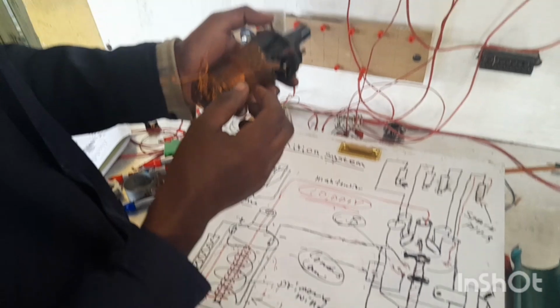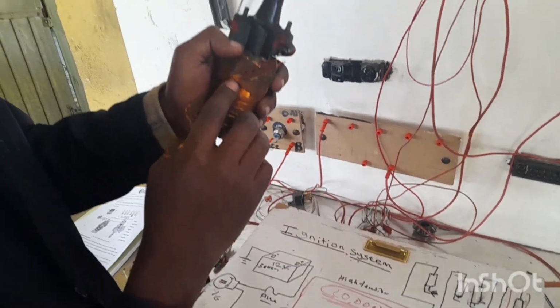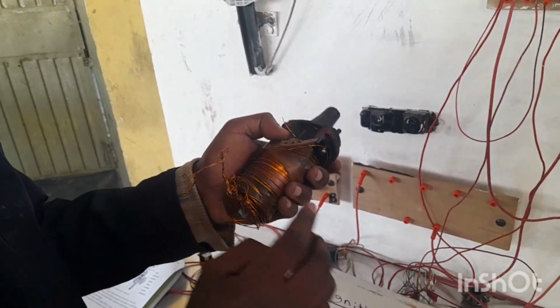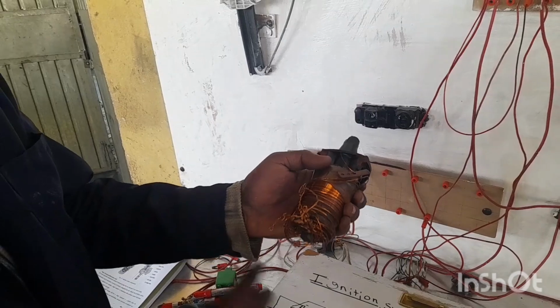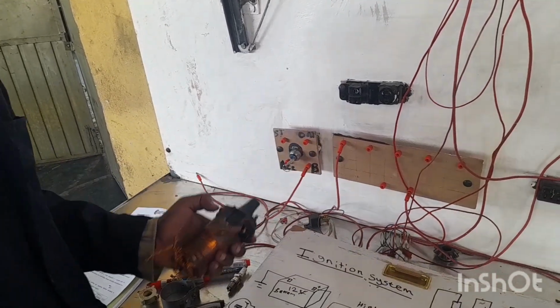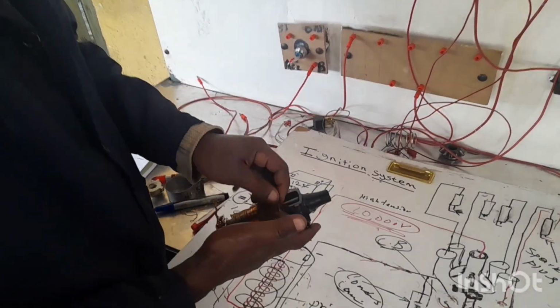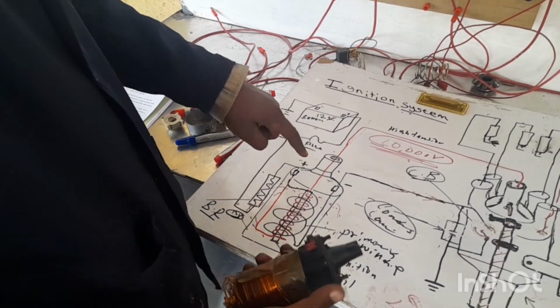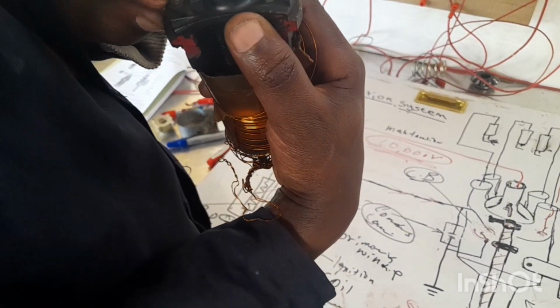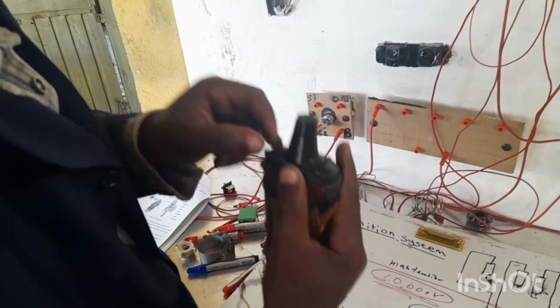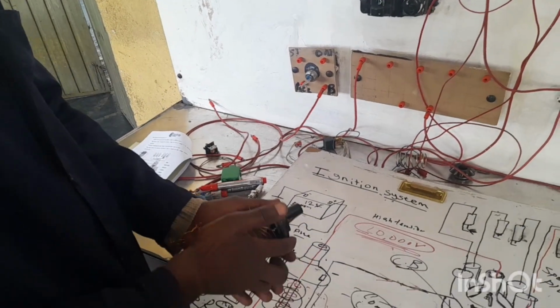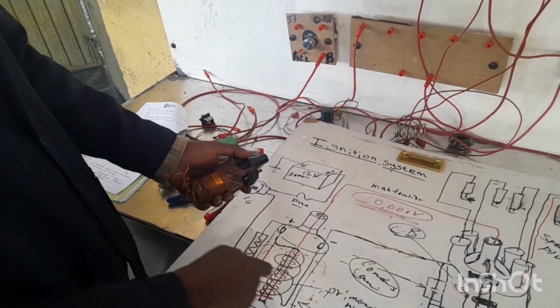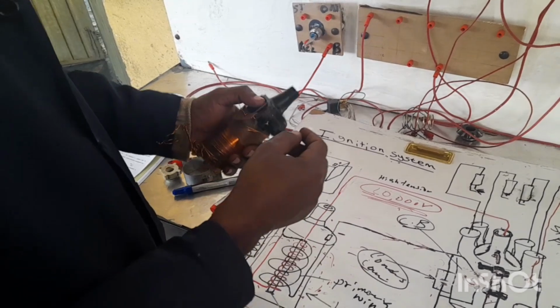As you can see, here is a thick wire, and it's wound like this. The primary or first terminal is connected to the positive terminal, as you can see here. The second terminal is connected to this terminal.